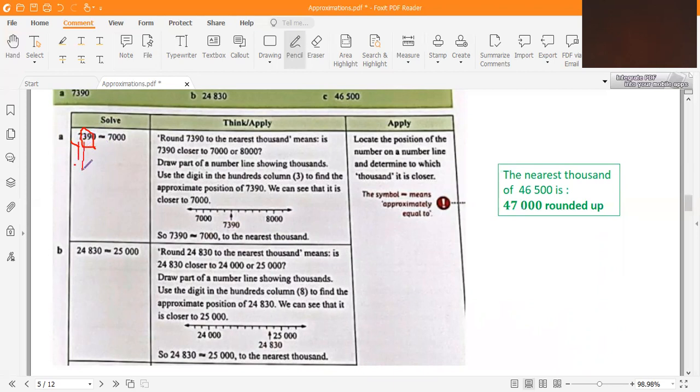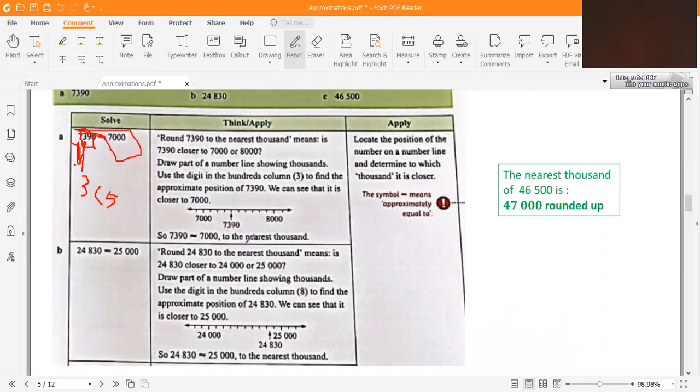On the right, we have 3. 3 is smaller than 5, so we don't change anything. 7 remains 7, and all the numbers on the right we replace by 0. So the rounded number is 7,000.